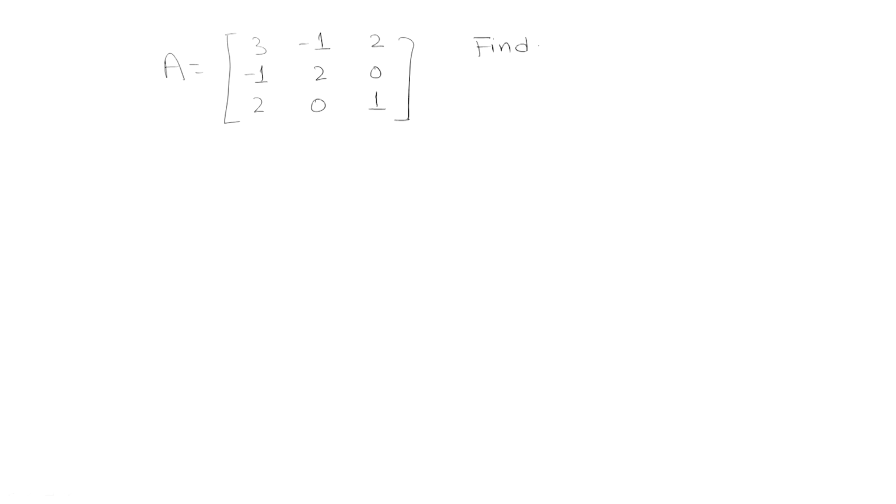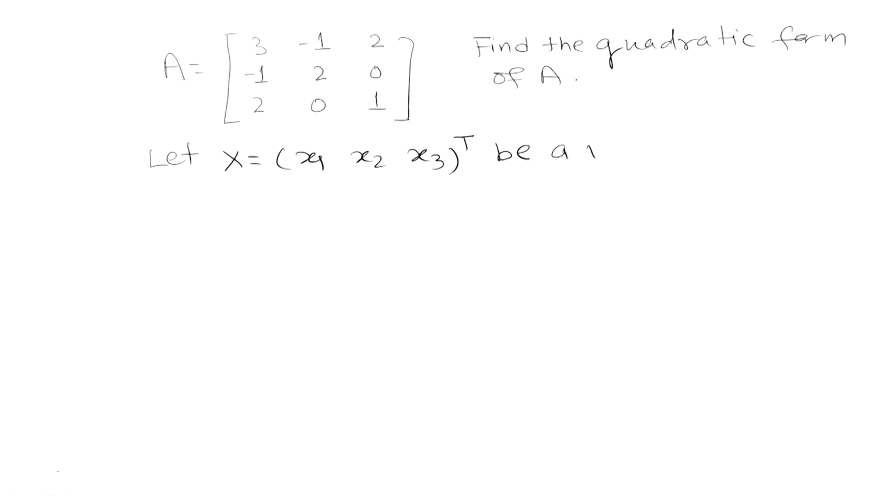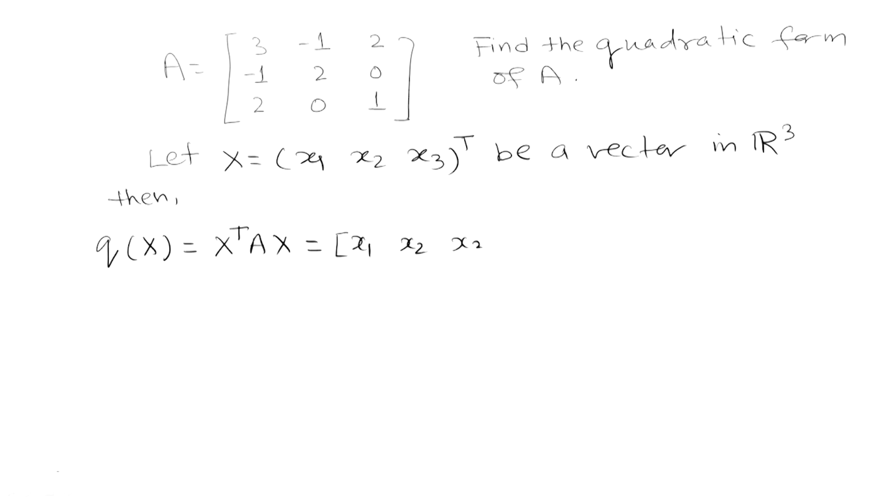Find the quadratic form of A. Let x1, x2, x3 be a vector in R3, then the quadratic form of A is defined as x transpose Ax, which is x1, x2, x3 multiplied with the matrix 3, minus 1, 2; minus 1, 2, 0; 2, 0, 1, into x, where x is x1, x2, x3.